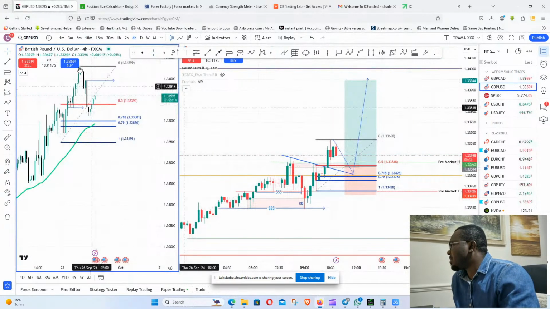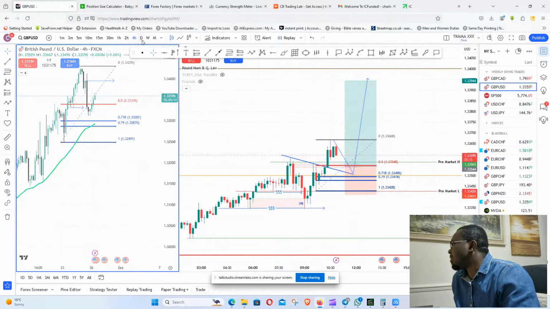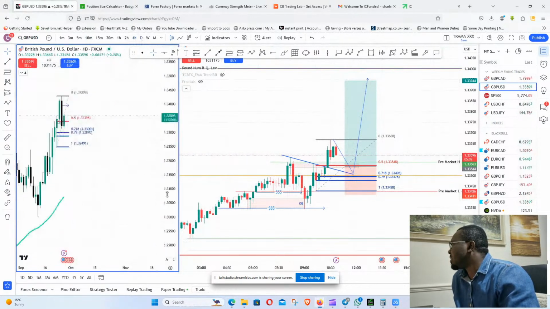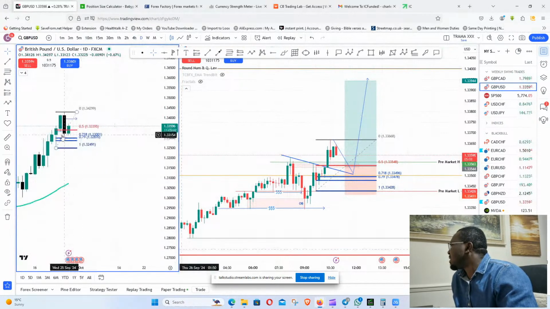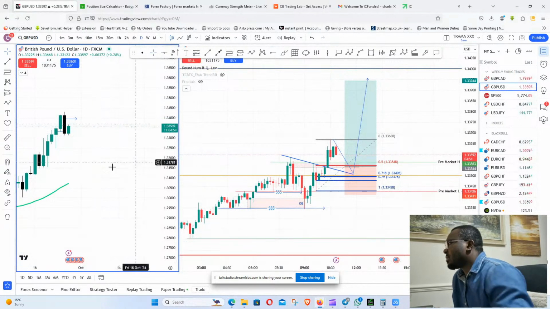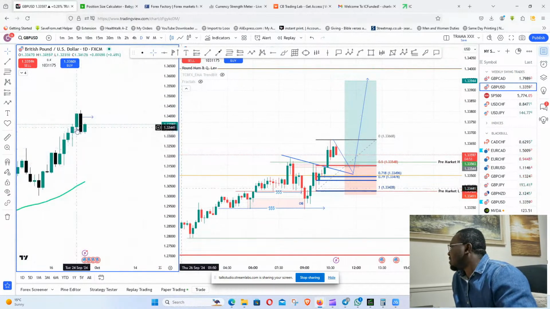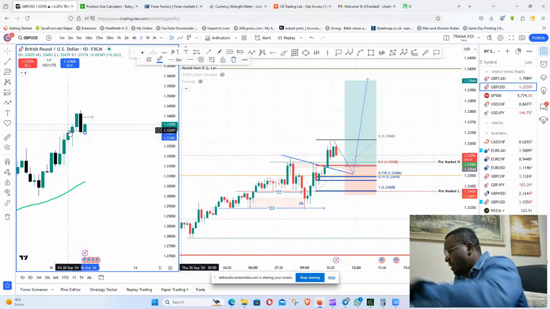So that's what I'm thinking. If it doesn't, then we should be looking at what the market wants to do based on the daily time frame. Because already what we have is that the market failed to create a new lower low. So it might just push up a bit. And that is a little bit concerning because this area here, let me leave that liquidity level.